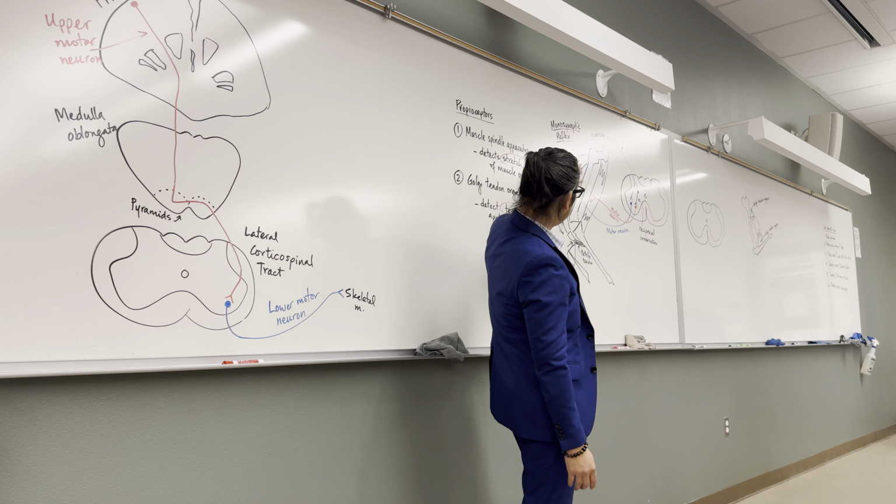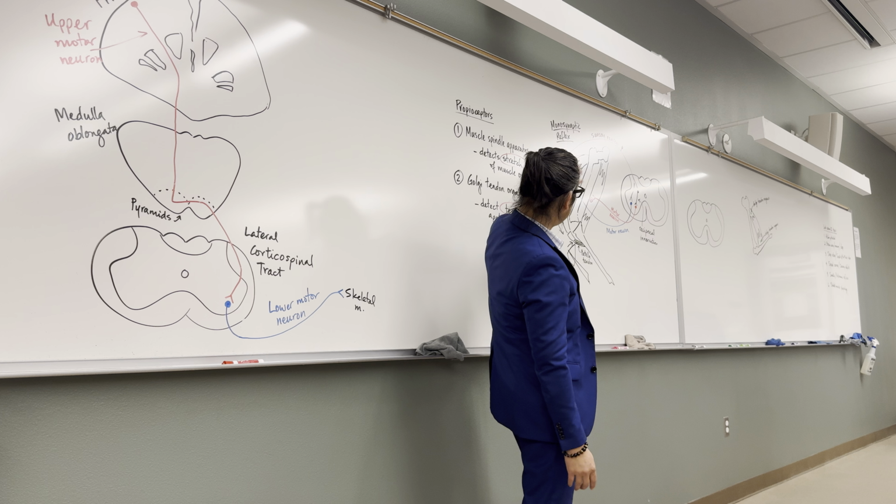Okay? And the neuron that is found in the ventral gray horn, whose axon exits the spinal cord to stimulate the skeletal muscle, we call this the lower motor neuron. Okay? So there's only 2 neurons in a series when it comes to the motor pathway.